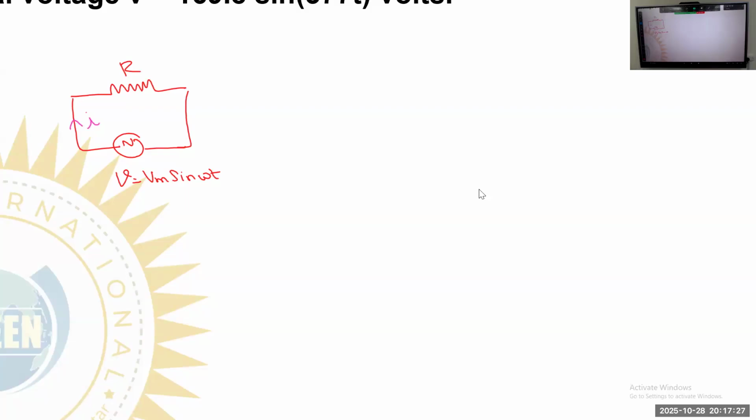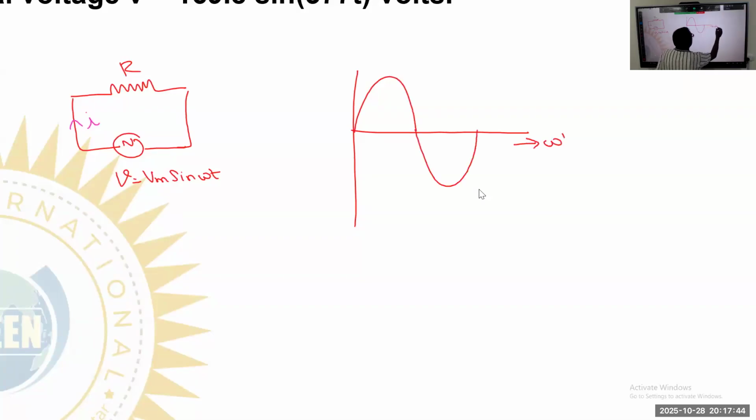We are giving the voltage, and a current is flowing. How much voltage are we giving? Vm sin omega t. This is the voltage we are giving.